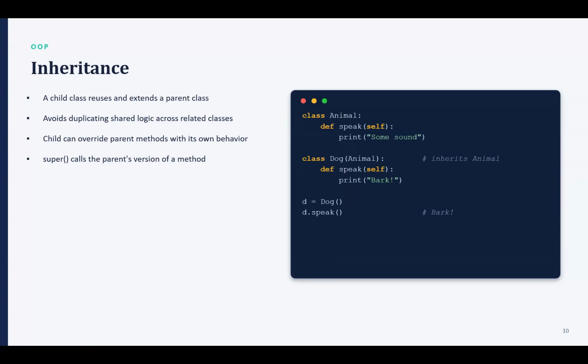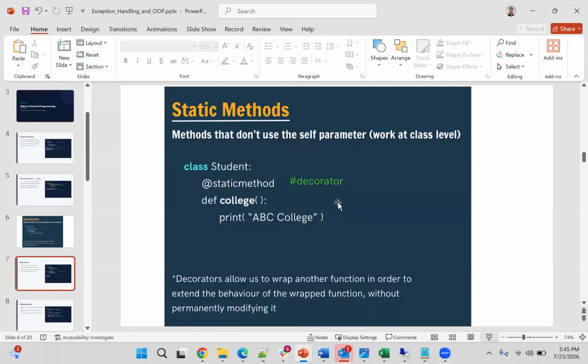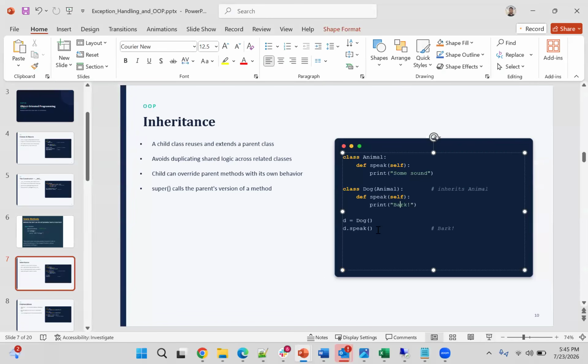Dog. And d is calling the function speak. So what will be the output?